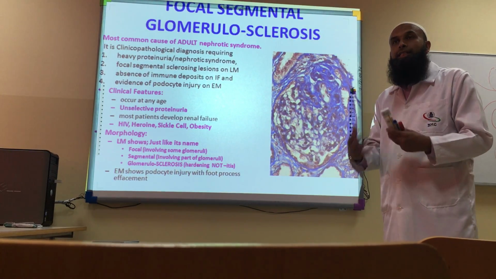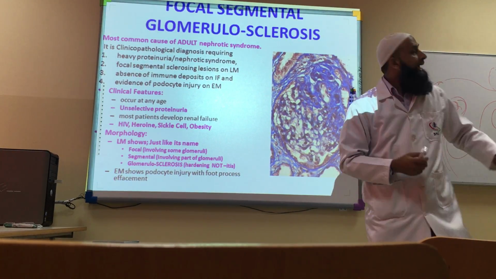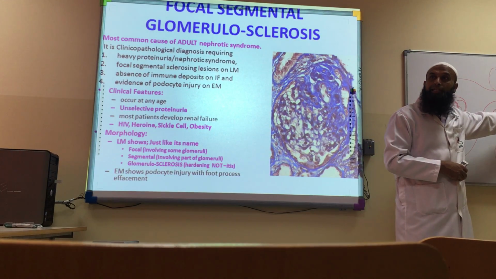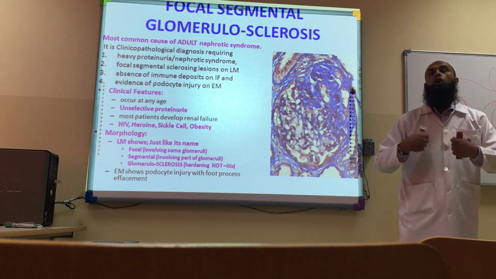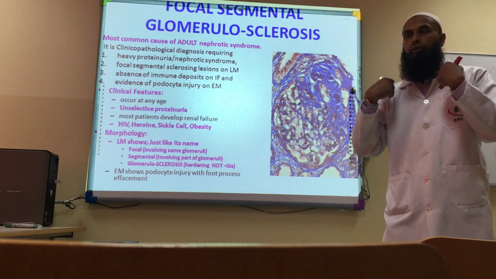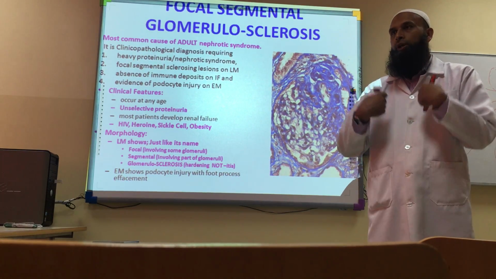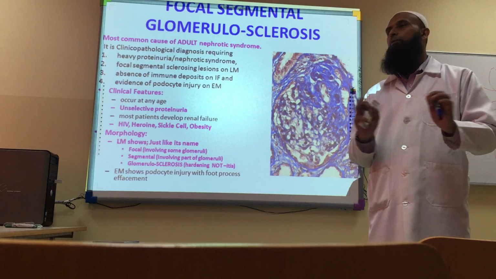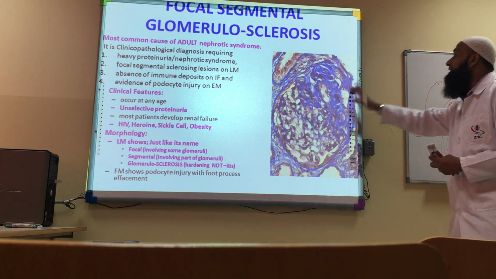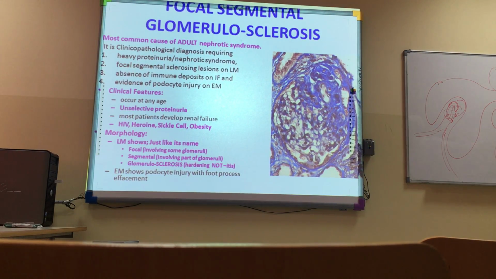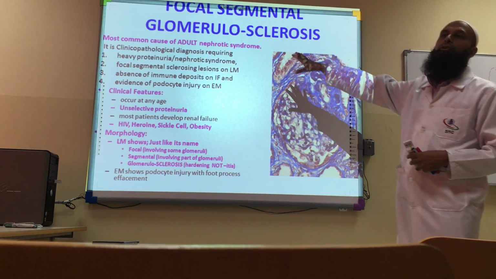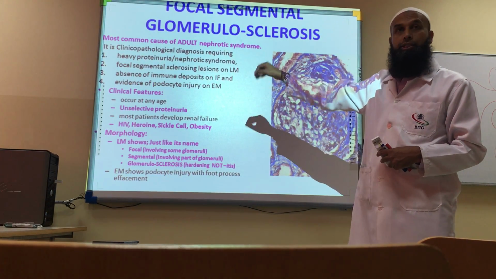There is already damage going on, and so much damage ultimately, even if it is focal, that the kidney's normal ability to maintain body homeostasis will be lost. So it should be extensive enough, even if it is focal and segmental, to lead to nephrotic syndrome, excessive proteinuria.